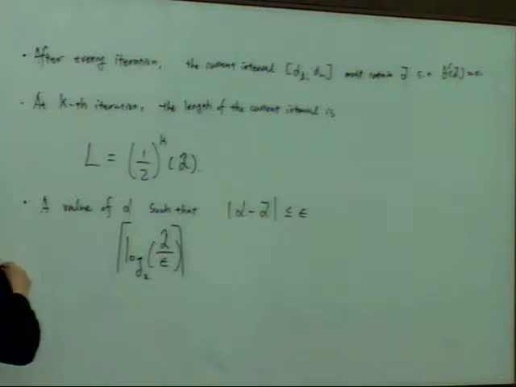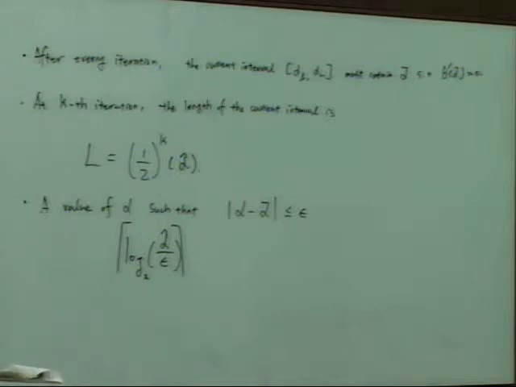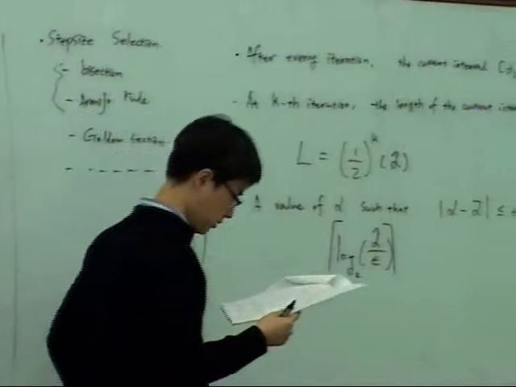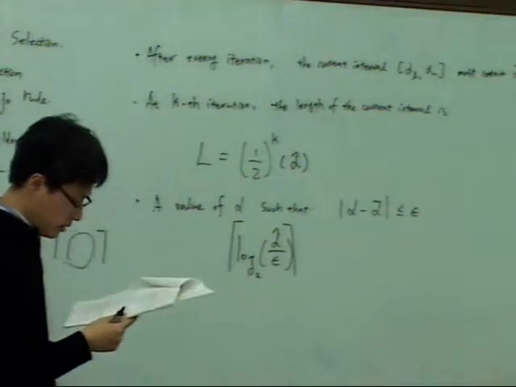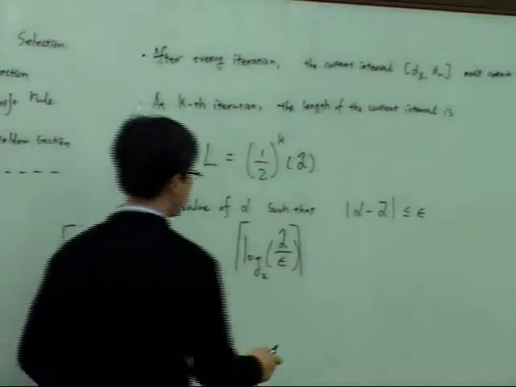This sign is an upper bound of something. Okay? We don't know exactly what this is, but this value should be less than or equal to something, the upper bound. Okay? So that's the number of steps.